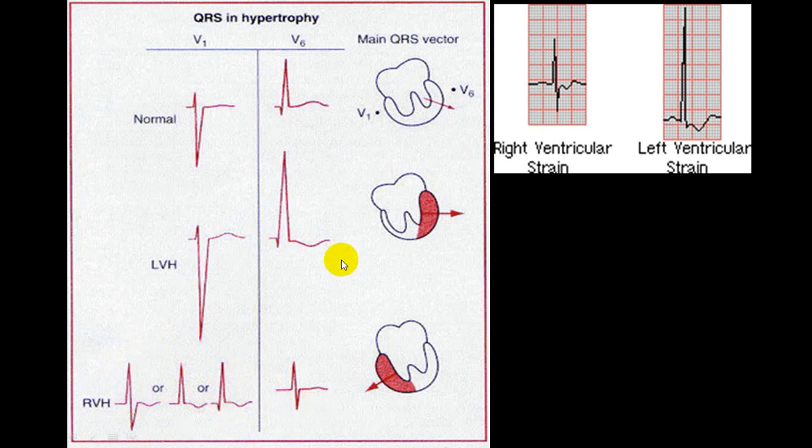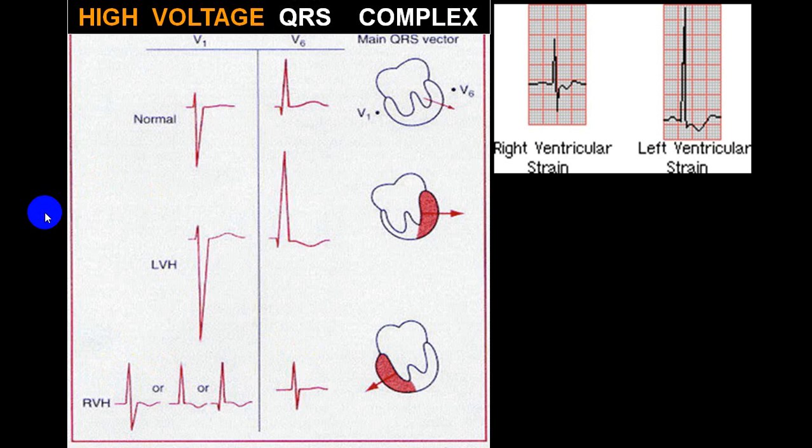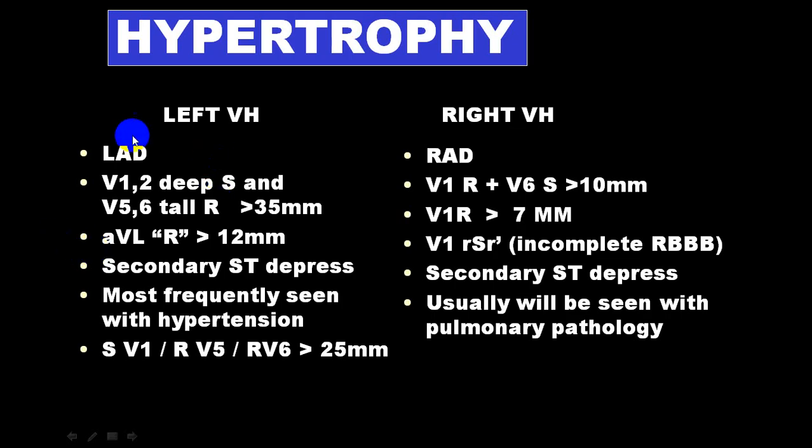While in V6, there will be a small negative wave after QRS complex. We call it a deep S wave in QRS complex. It is suggestive of RVH. And this R wave in V1 will be more than 7 small squares. It will be favoring RVH. So this is the difference between LVH and RVH.